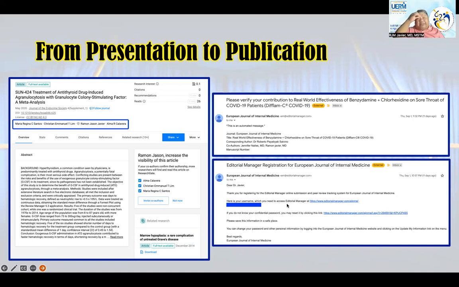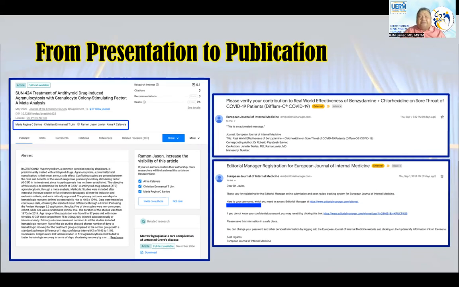So we do have papers that are published in other medical journals. And as I've said, this also improves the credentials of your faculty members and of the students.